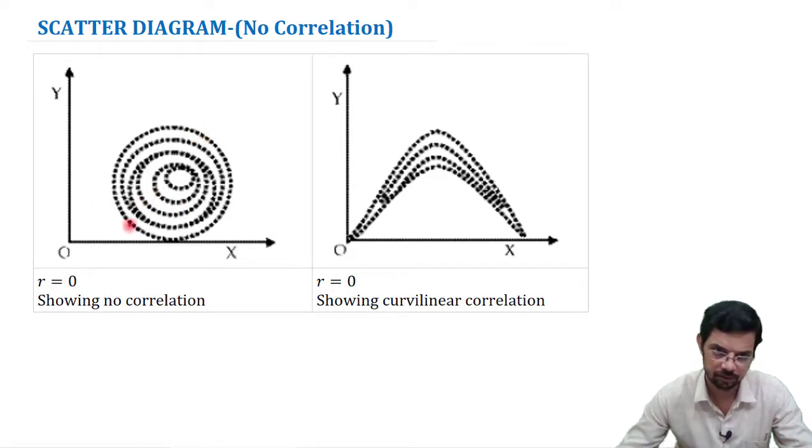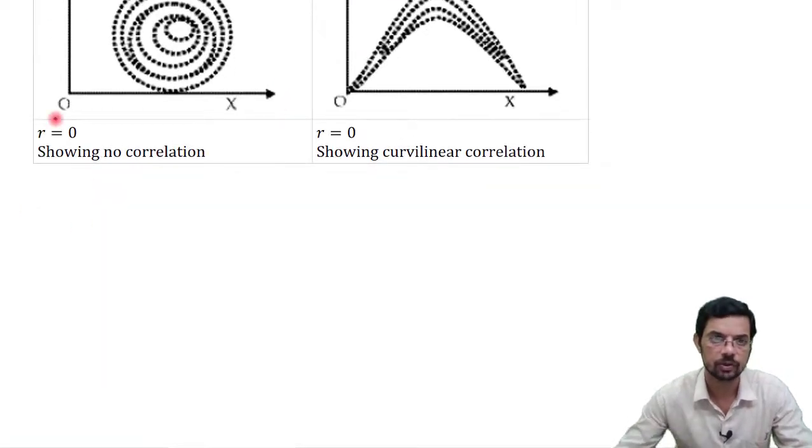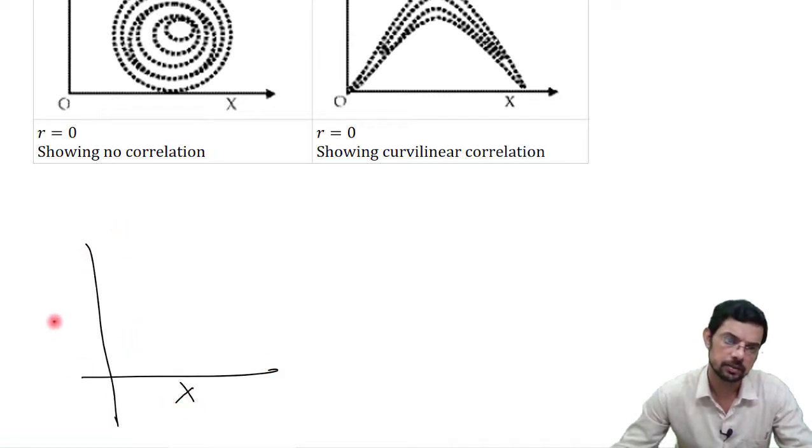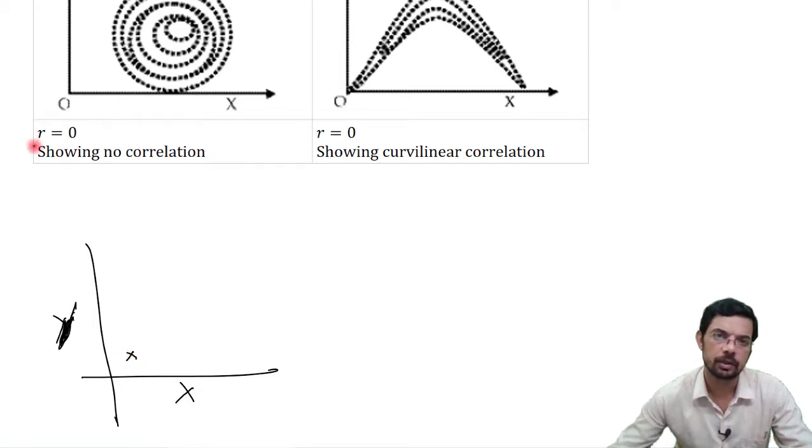See, for example, let me draw something and show it to you. Let me take the x-axis and this is the y-axis. Now, this is x and this is y. Sometimes when x is here, you will get a point here. Sometimes when x is a little bit more, we can have something here, and then it may be very high or very low, again very high or very low.